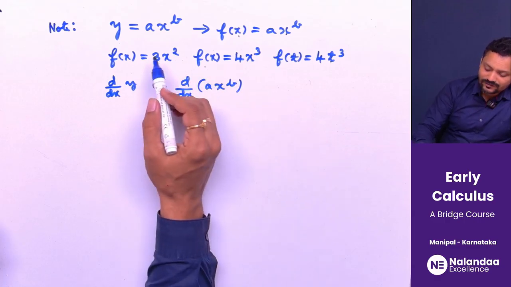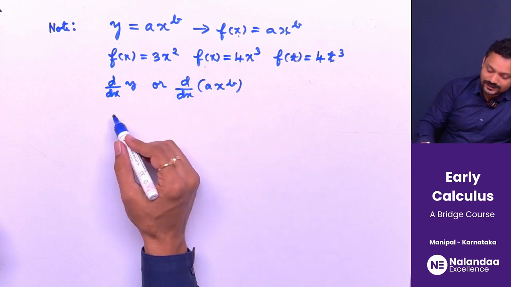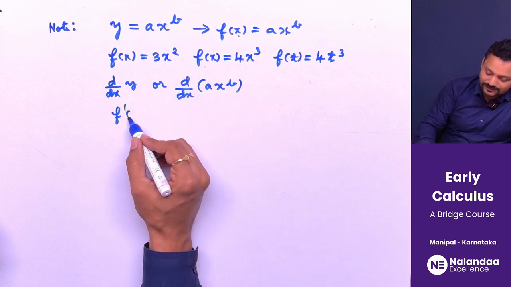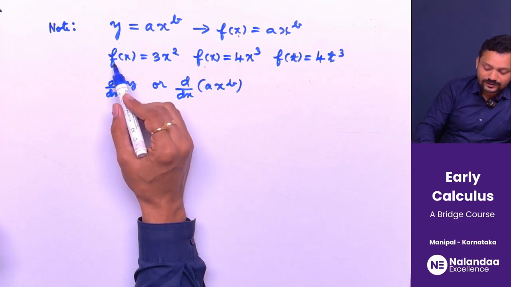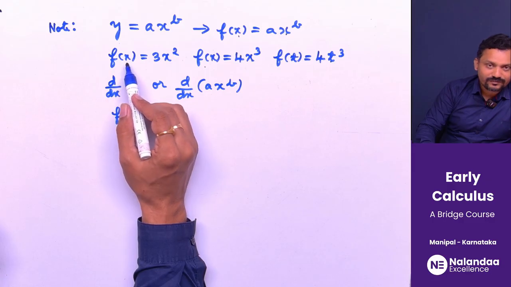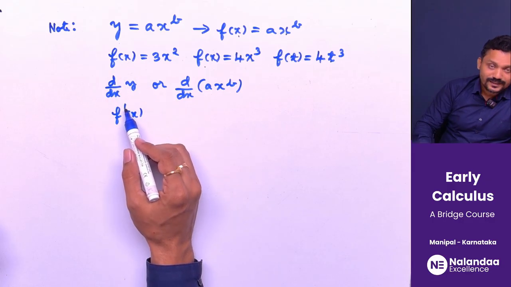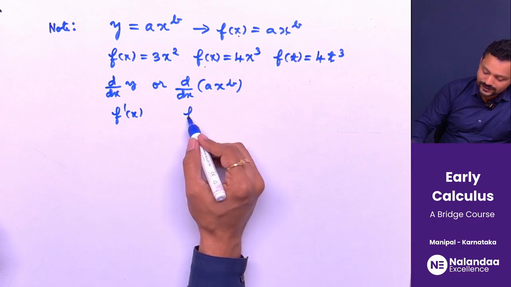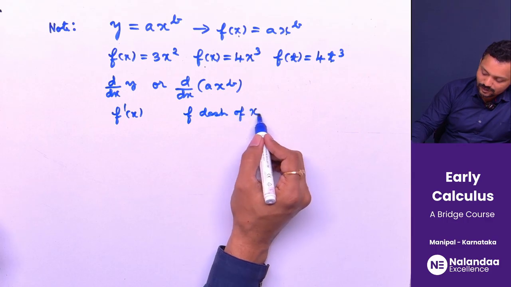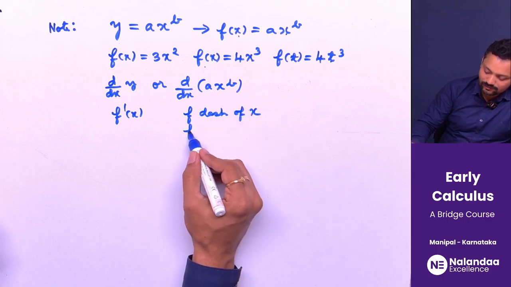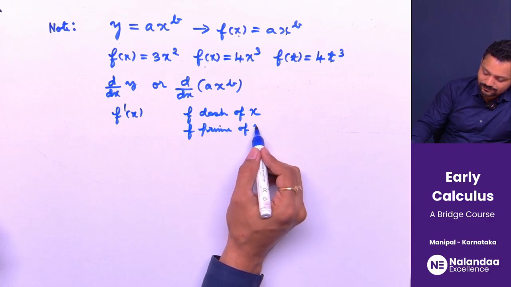So, now if the function is represented as f of x, the derivative is written as f dash of x. So, this is the way to express the derivative if we call the function f of x. Sometimes we call it f dash of x, or some call it f prime of x.